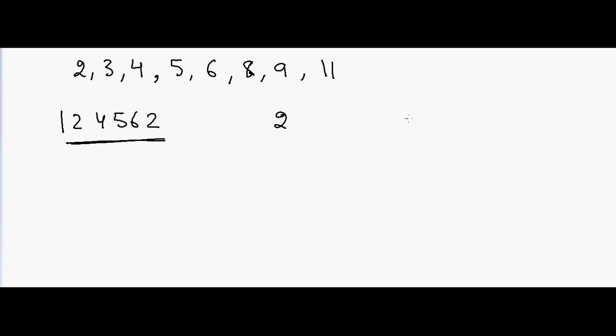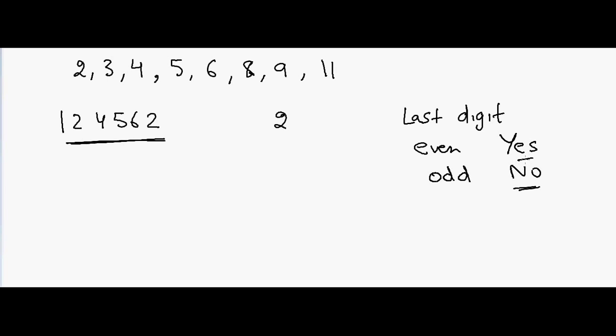We have to look at the last digit, and if it's even, then yes, and if it's odd, then we'll say no. Here the last digit is 2, so it is divisible by 2 because it's an even number at the end.